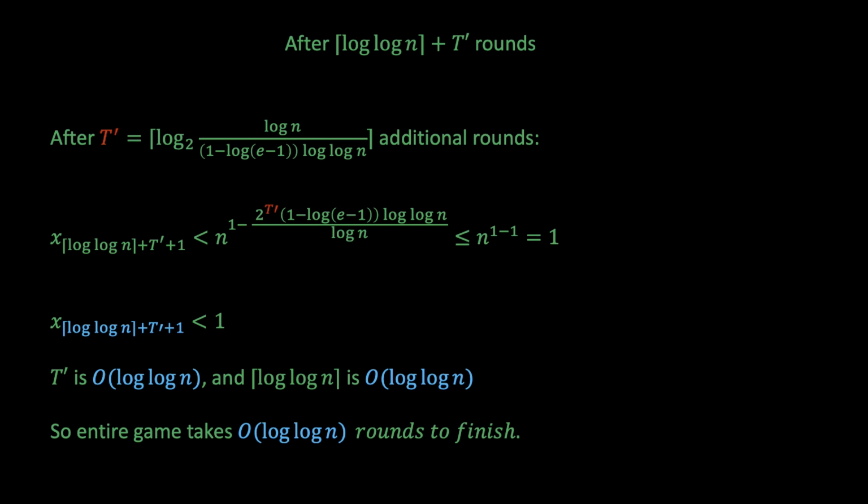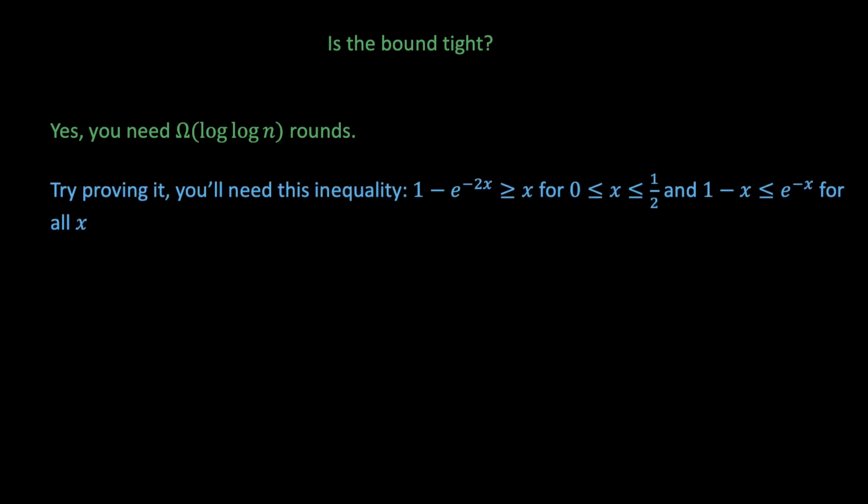Now, the natural question to ask is: is this bound tight? Well, it turns out that yes, you need Omega(log n) rounds to finish the game. I'll leave that as an exercise for you to try, but you'll need the inequalities 1 - e^(-2x) is at least x for x at most half, and 1 - x is at most e^(-x) for all x. The proof idea is similar.